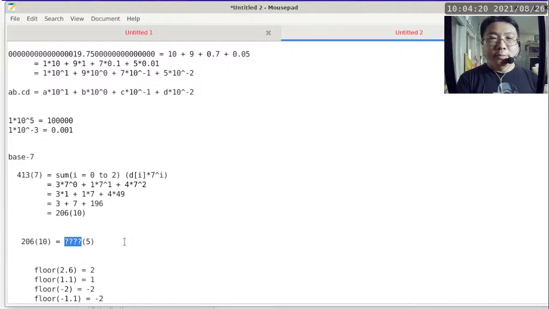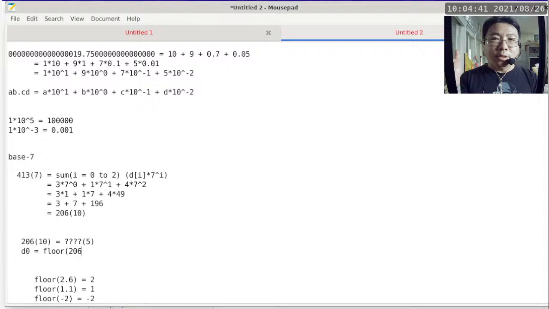Alright, so let's go ahead and try to figure this out. We want to figure out what is D0, which is the digit representing the number of 5 to the power of 0. That may sound kind of stupid, but we're going to apply the function. So we're taking the floor of 206.